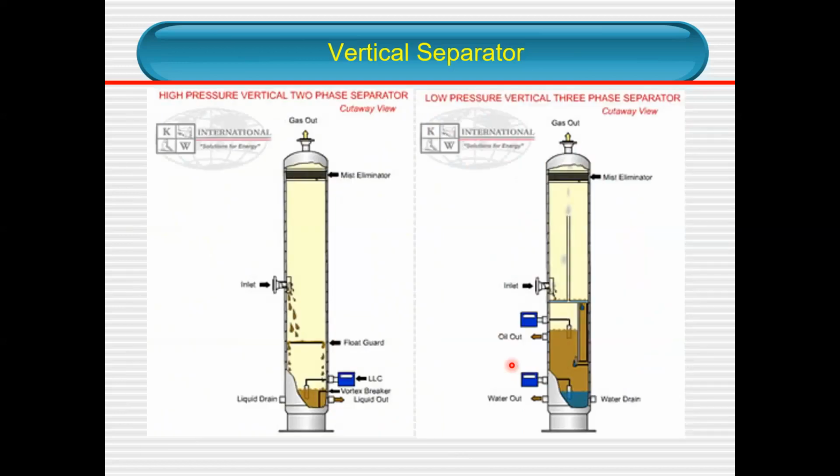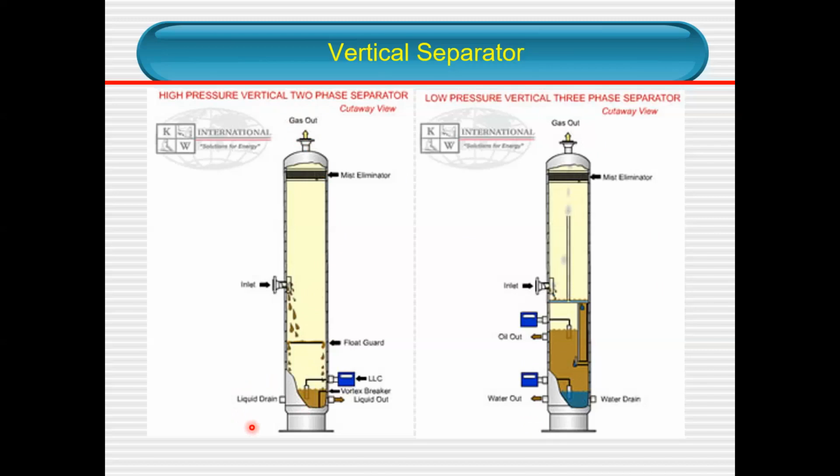These are the schematic diagrams of the vertical separator, the two-phase and also the three-phase. This is a little more complicated because you need to separate the water and oil as well, compared to two-phase, where you just have the gas and the liquid. Two-phase is a much easier mechanism. It's cheaper compared to the three-phase separator.